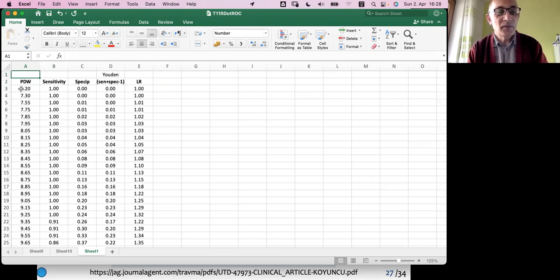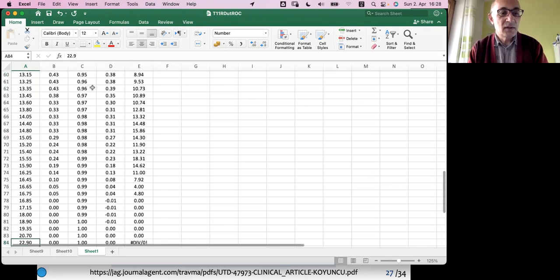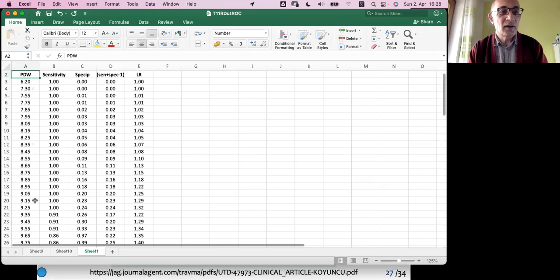So if you have this platelet distribution width, as you see, it ranges from 6.2 up to 22.9.